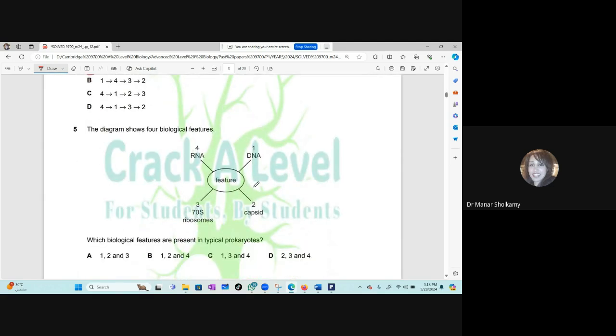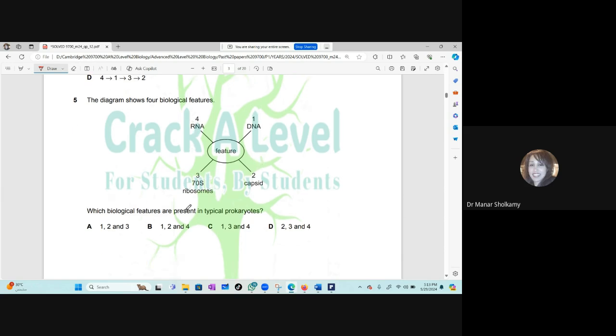Perfect. 5. The diagram shows 4 biological features. We have DNA, capsid, 70 Svedberg ribosomes, and RNA. Which biological features are present in typical prokaryotes? The 70S ribosomes, yes.